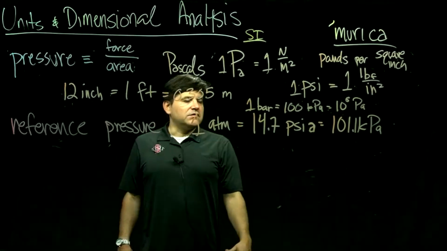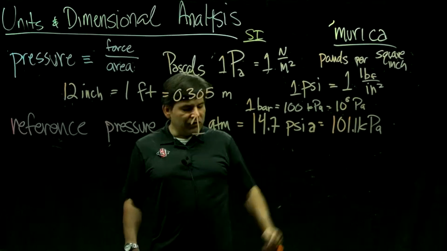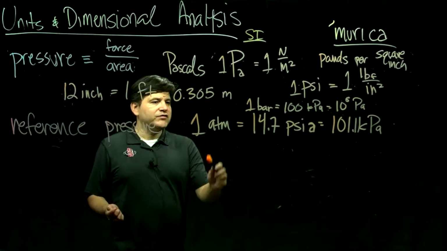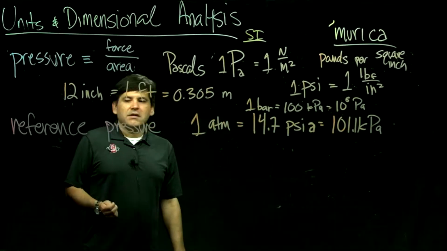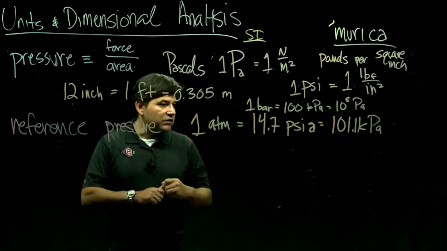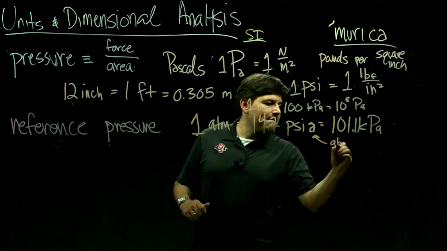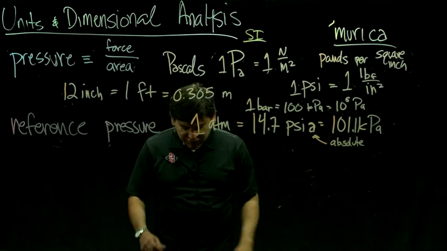You know that it's 10 to the 2 kPa or 10 to the 5 Pa, which is 10 to the 5 newtons per meter squared. So 1 atmosphere and 1 bar are pretty close. They just have this little 1% or so difference in the absolute value. So this would be an absolute pressure, as opposed to gauge pressure.